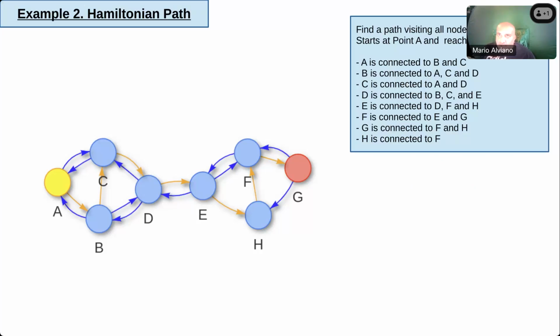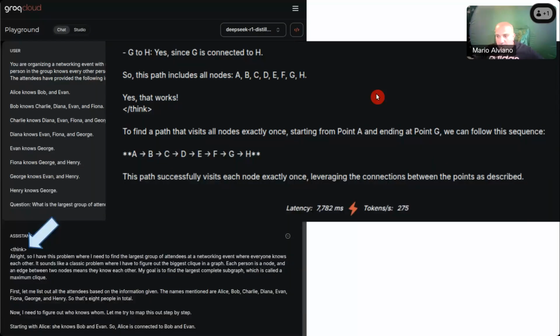Now, obviously, we can take other problems like this for which we are very confident we will not get the correct answer. Hamiltonian path. So we need to visit cities or locations in a map. We have the connections between cities. We would like to not go twice over the same city, and so on. Okay, we know this problem. We are given the graph. We would like to ask the models, can you give me a route that satisfies this condition?